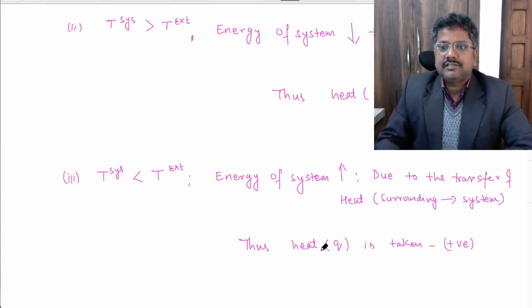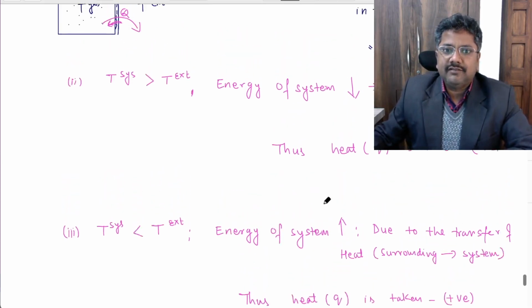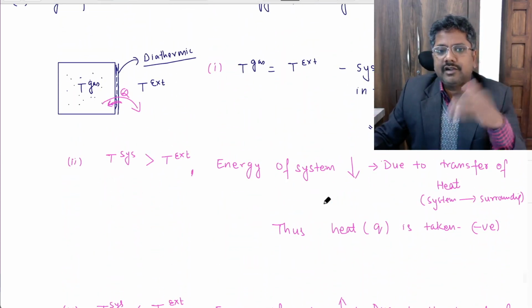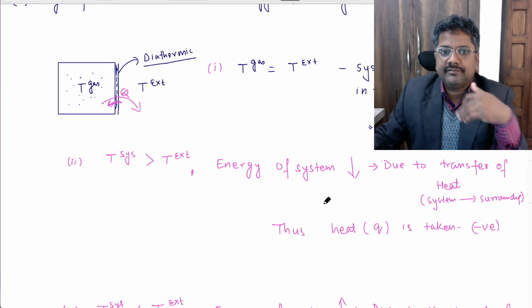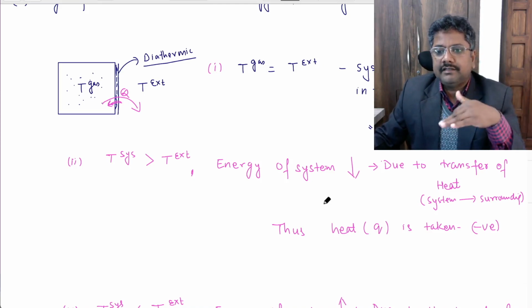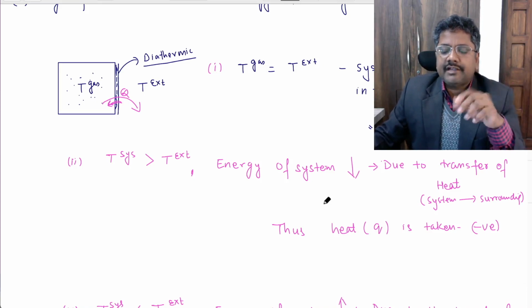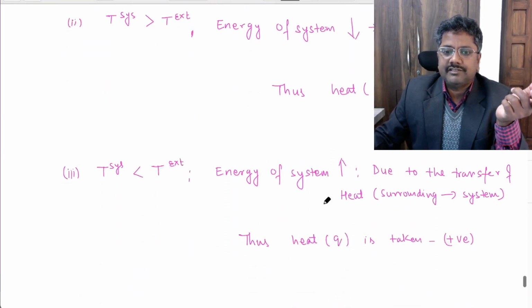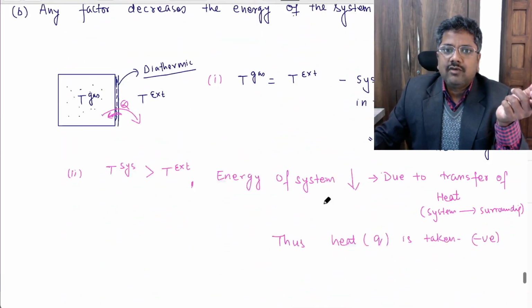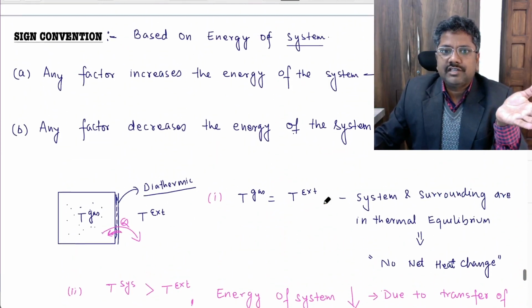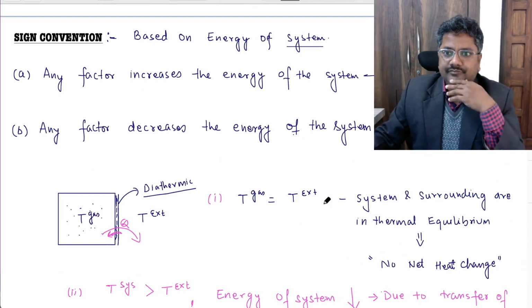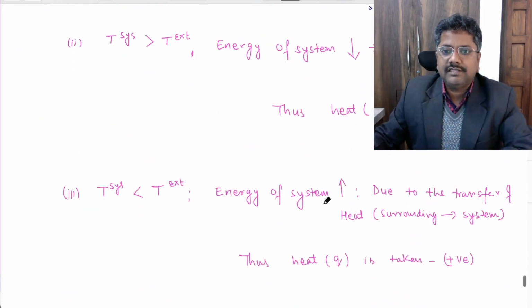So this is the concept of the sign convention, when you take heat as positive and when you take heat as negative. Heat transfer is basically the result of temperature difference between system and surrounding. One more way to change the energy of the system is work, right?